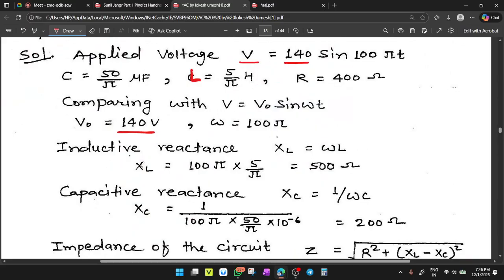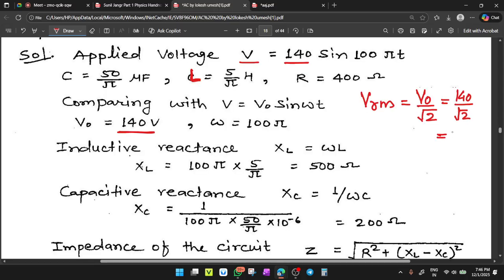Okay. Find the overall RMS value. So Vrms equals V naught by root 2. V naught we have 140, so 140 upon root 2.